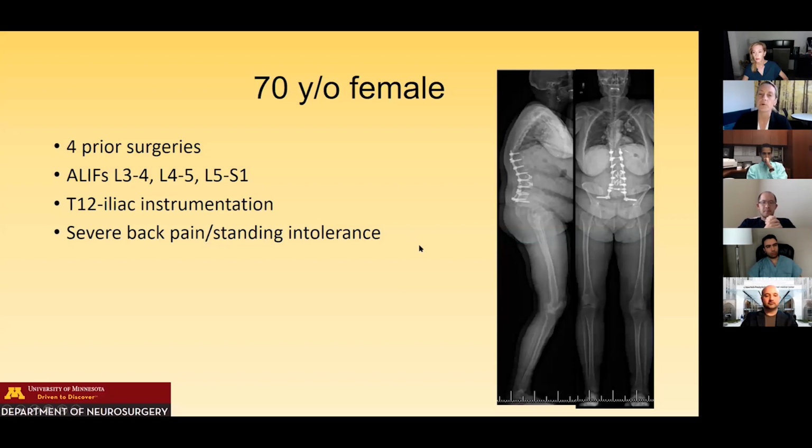Prior to coming to our institution, she has a fairly typical story of multiple prior surgeries. She's had anterior interbodies and instrumentation from L3 to the sacrum, and has existing T12 to iliac fixation. And of course, you can see on her standing films why she has severe back pain and standing intolerance.